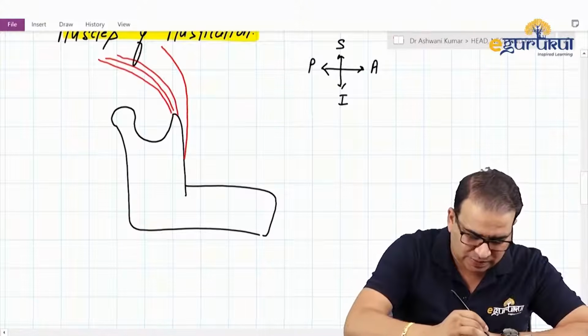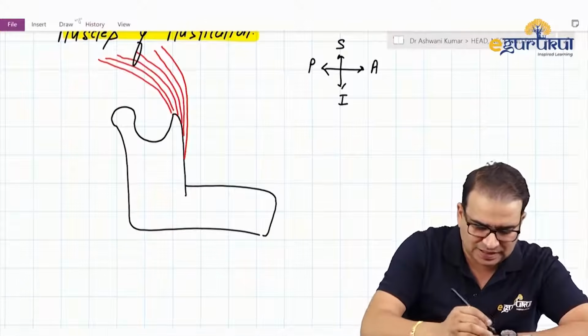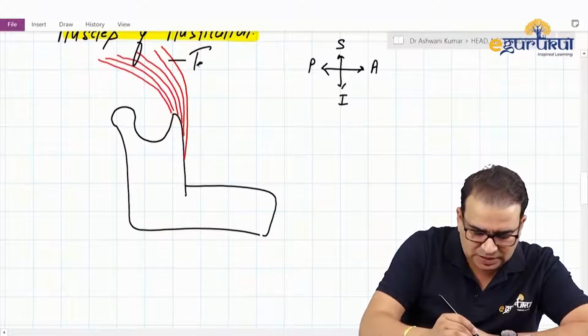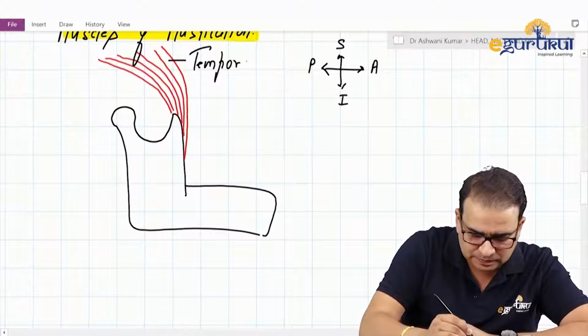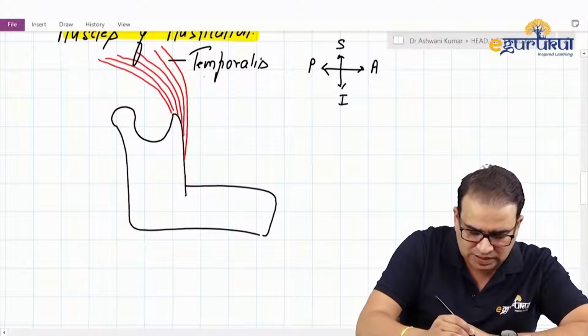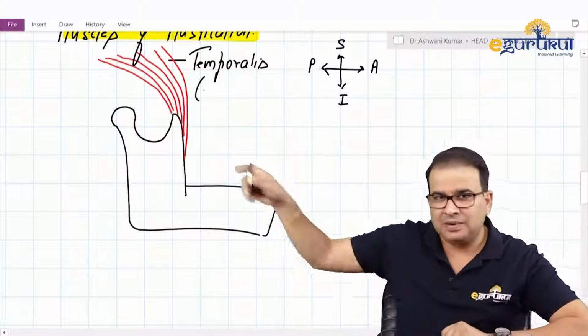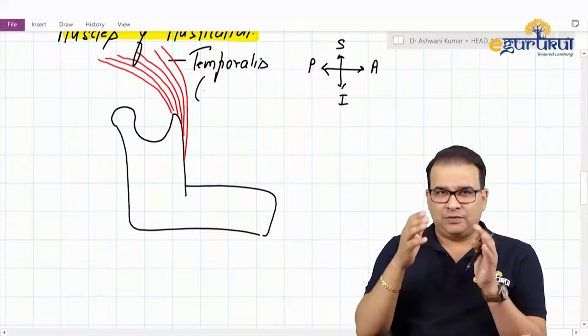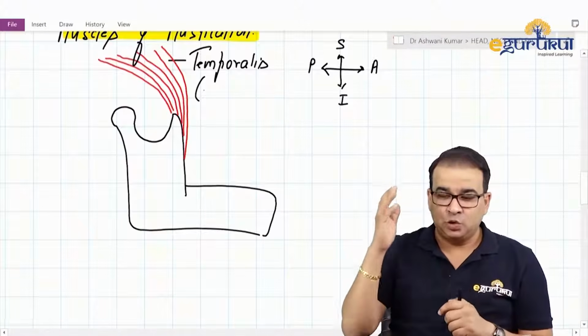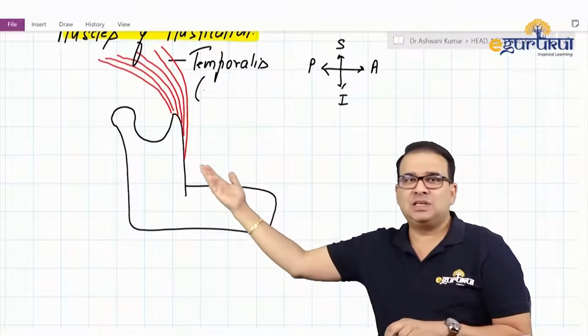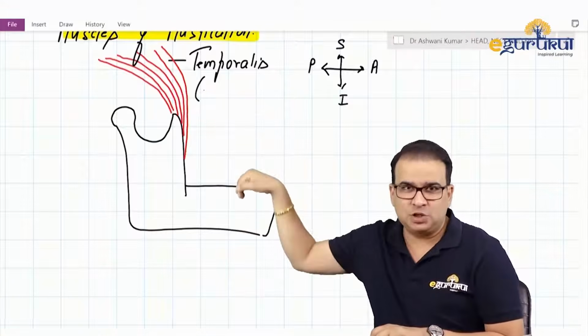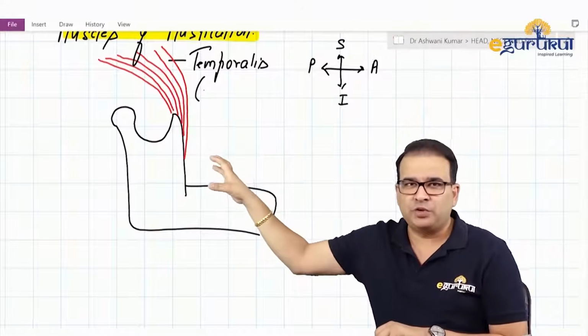So that's how these fibers are coming. It's very important to understand the direction of the fibers, as I said. So the muscle is temporalis. What is the direction? When I say direction, we have to see the muscle directed toward the insertion. Obviously, I will not say the direction towards the origin. I will say the direction toward the insertion, because that is a point of movement.